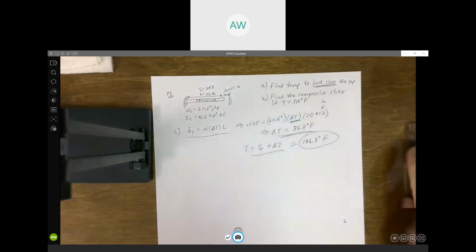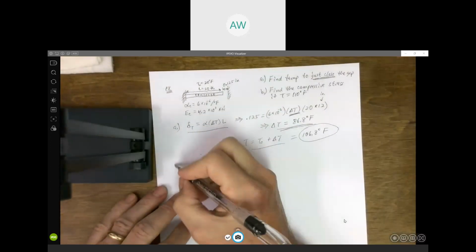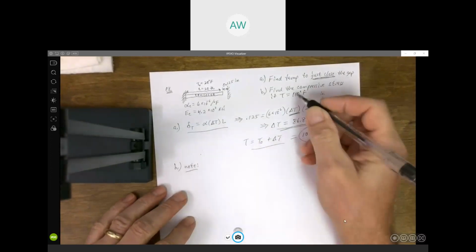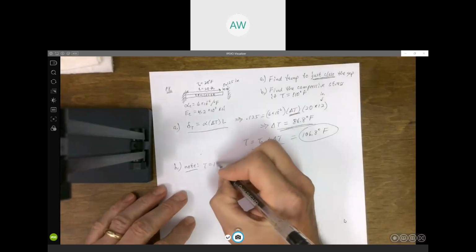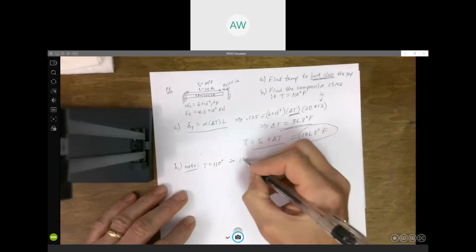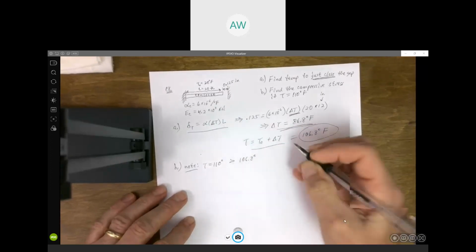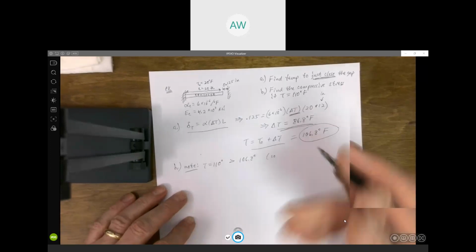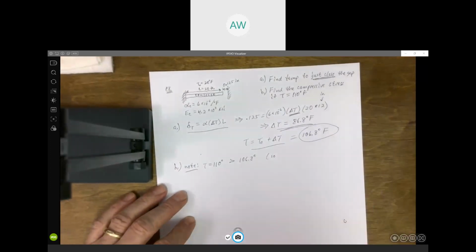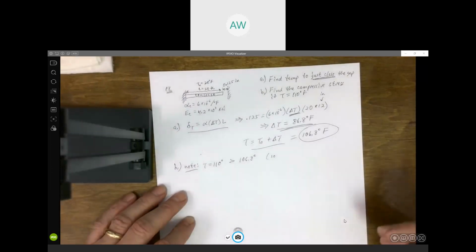All right, so let's move then to the second part of the problem. Note here that if we're going to 110 degrees, that's bigger than 106.8 degrees. So it's not only got to the wall, it tries to expand further, but the wall prevents it.